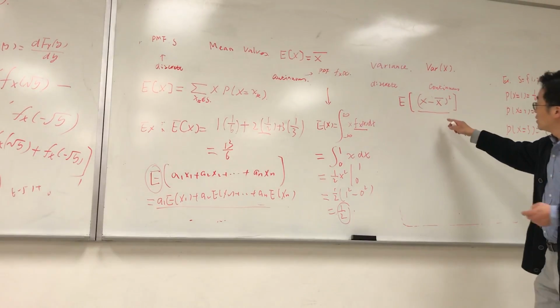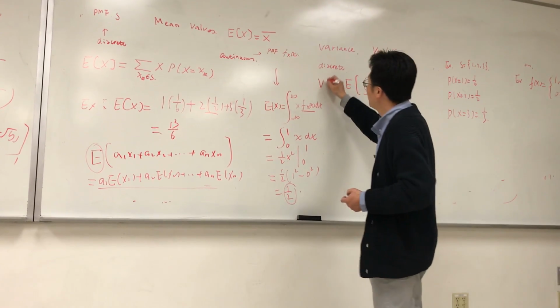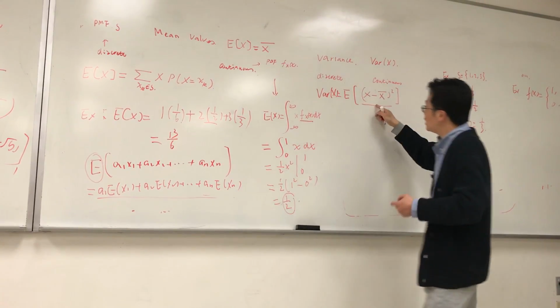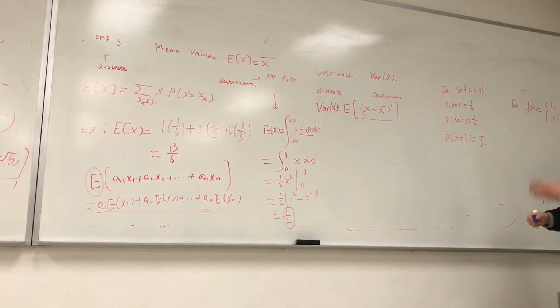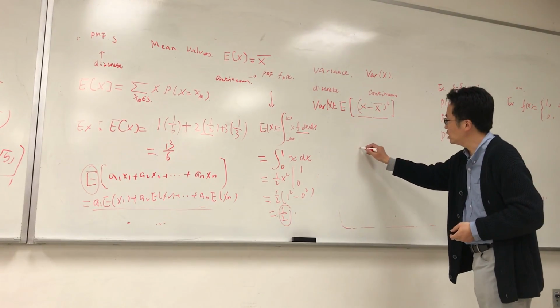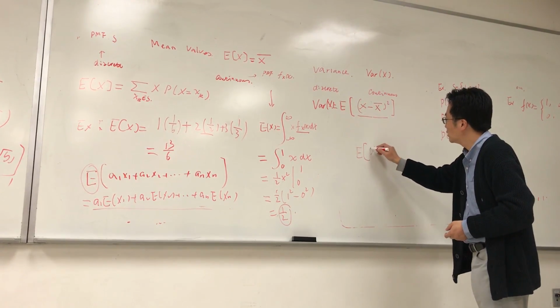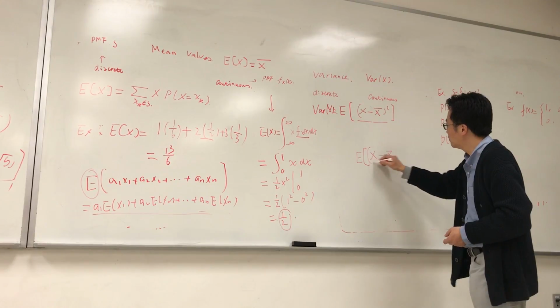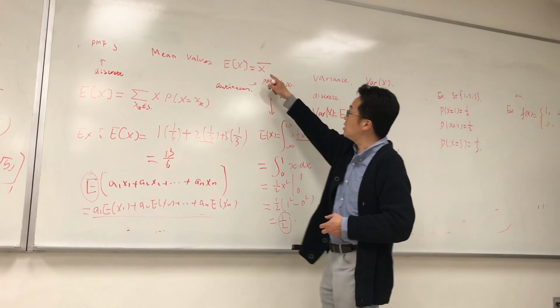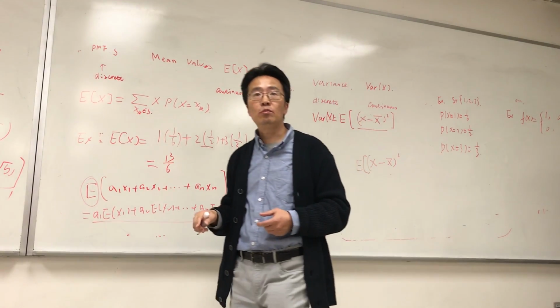And now, this is the definition. Let's expand this multiplication, E of X minus the mean value of X. I'd also like to point out that the mean value is a constant.